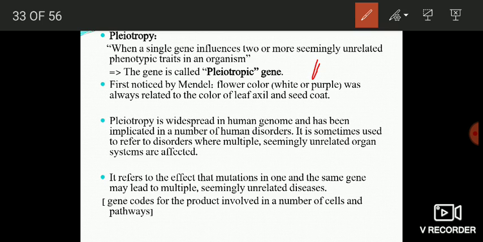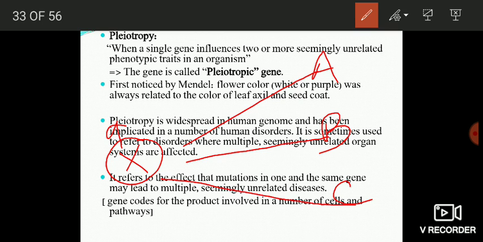For example, एक individual में organ system A affected है, organ system B affected है, organ system C affected है. Okay, it can be a consequence of a single mutation. अगर एक gene में mutation आ गई, okay, and the product of this mutated gene X is not only affecting organ system A, it is also affecting organ system B, it is also affecting organ system C. This is pleiotropy.